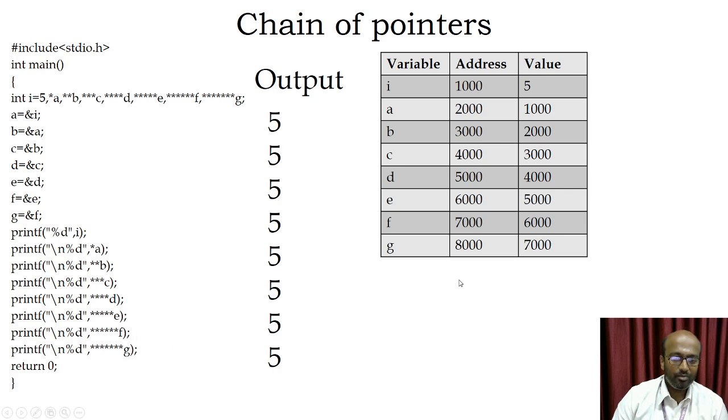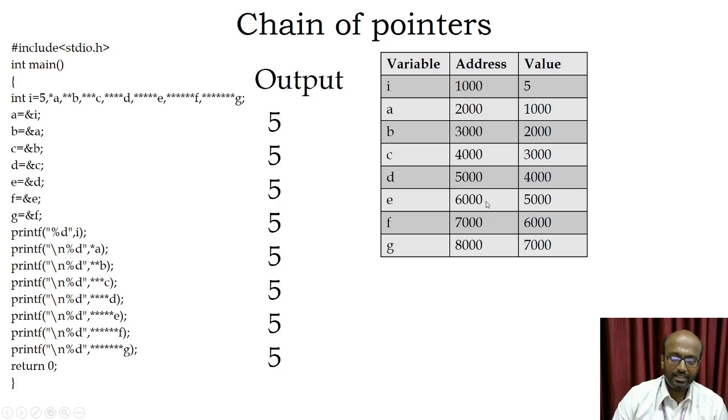For G, the address where G is stored is 8000. The value of G is the address of F, which is 7000. So while we execute this statement, the value 7000 is the value of G. The value at 7000 is 6000.